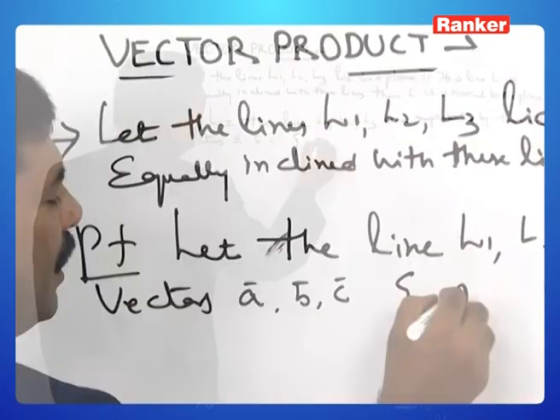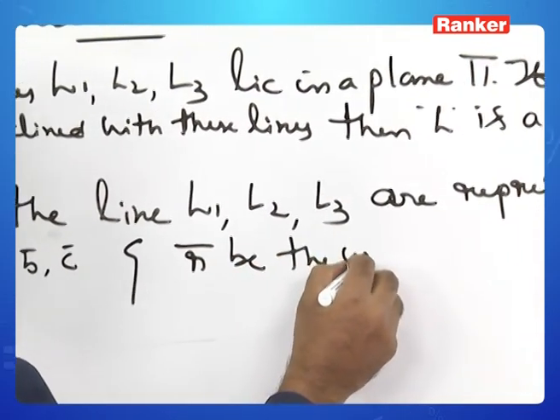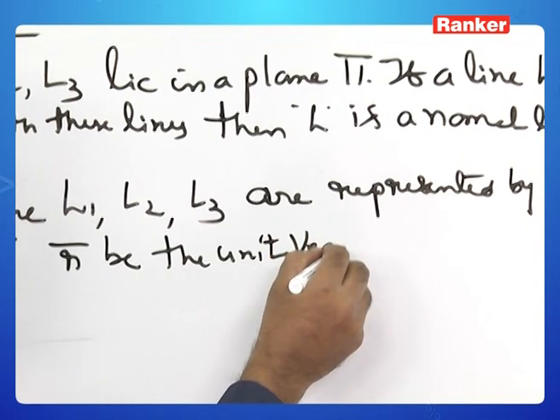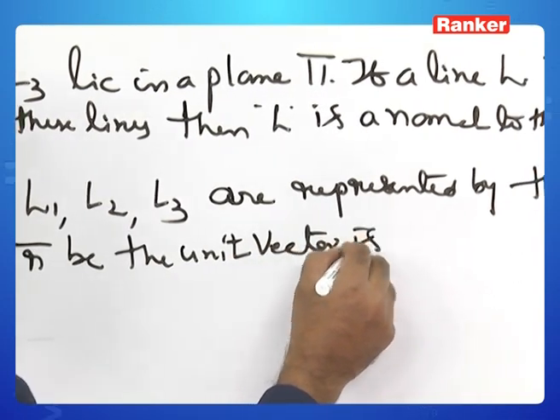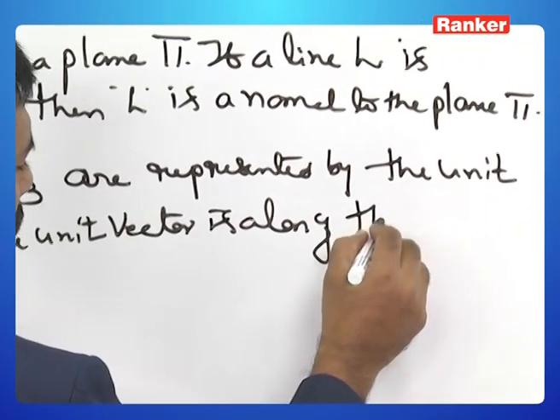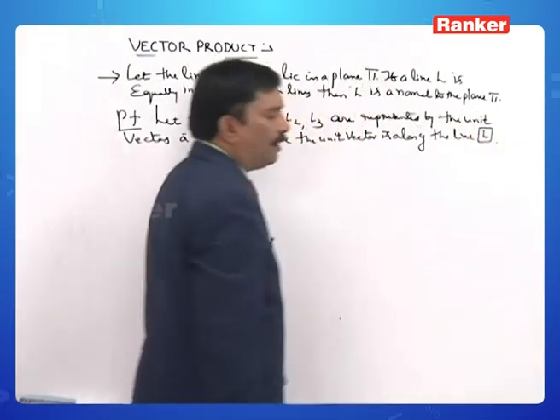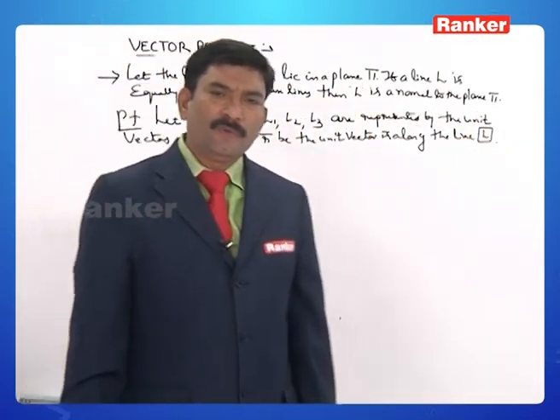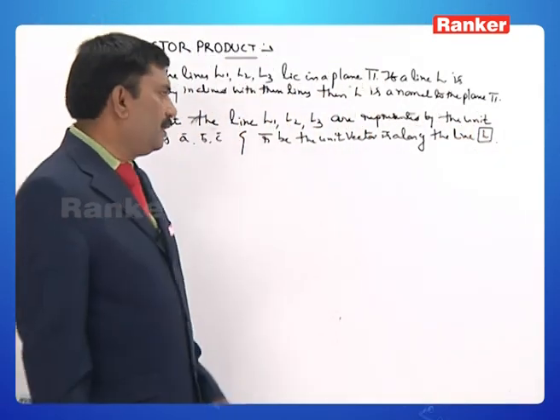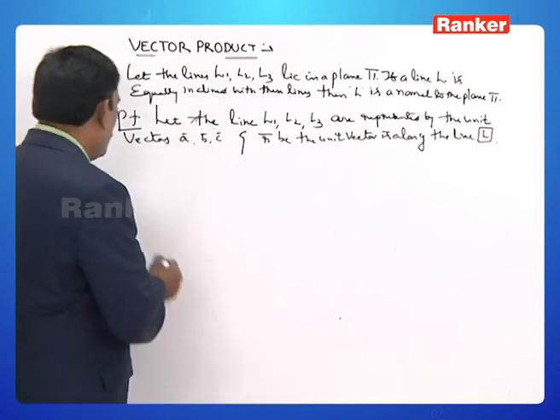and R bar be the unit vector along the line L. What is given?